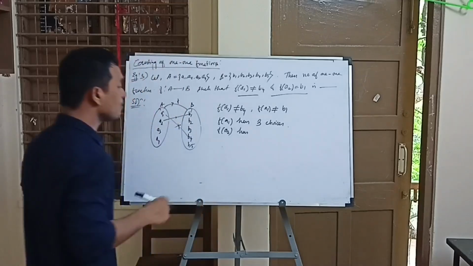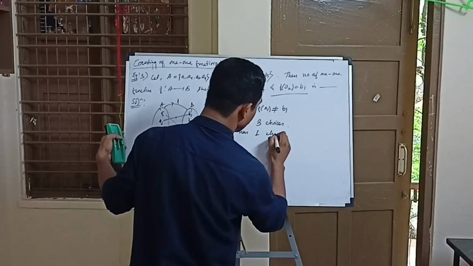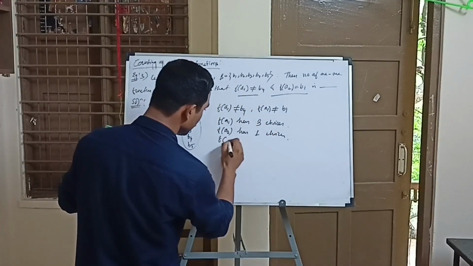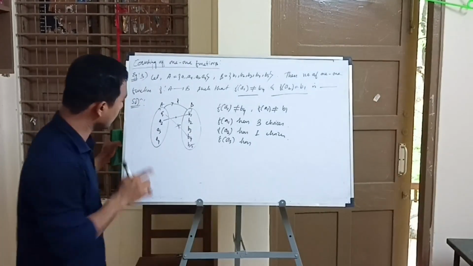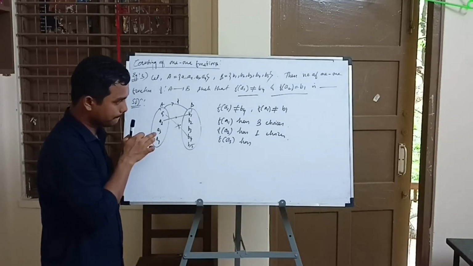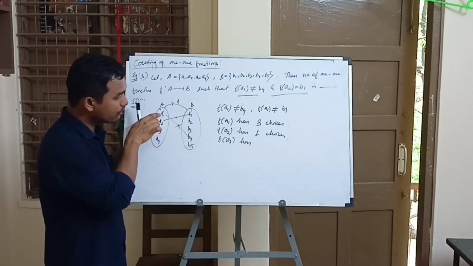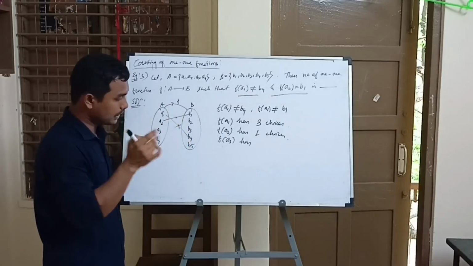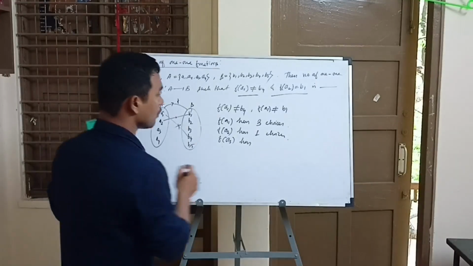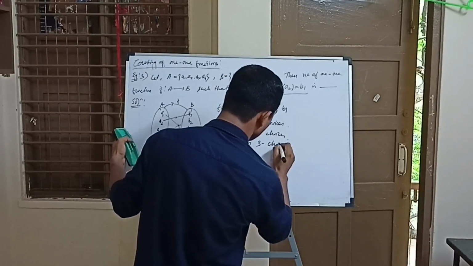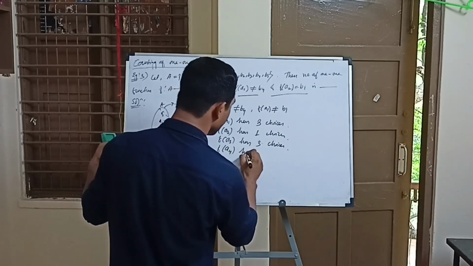And f of A2 has only 1 choice. Correct? F of A3 has how many choices? F of A3 cannot be B1, correct? If f of A1 is B2, suppose, then f of A3 can be B3, B4 and B5. F of A3 has 3 choices. F of A4 has how many choices?